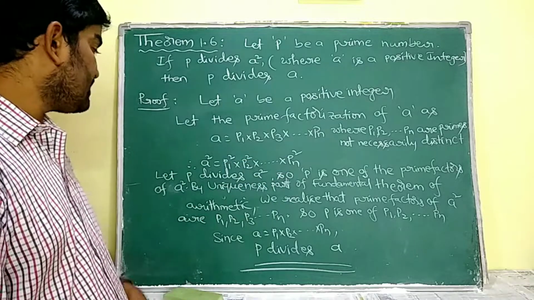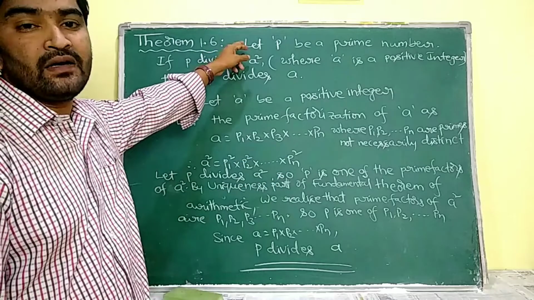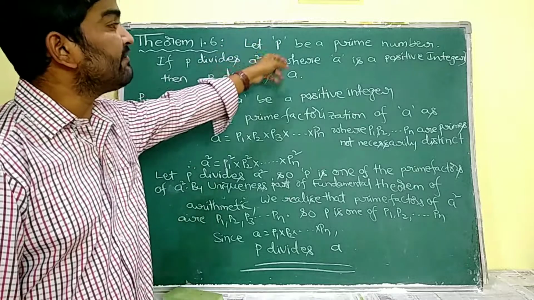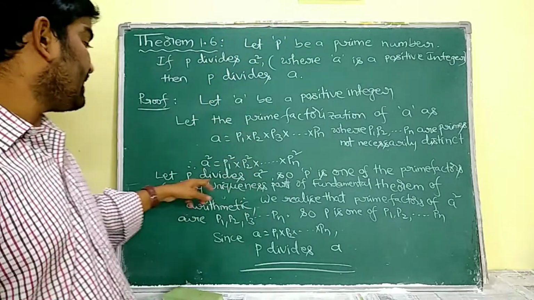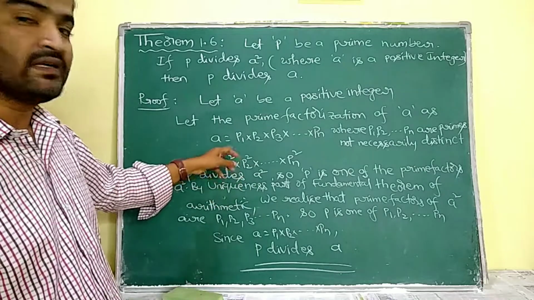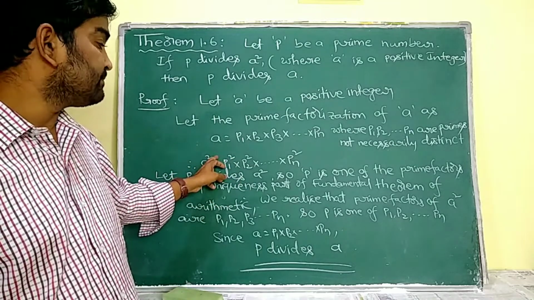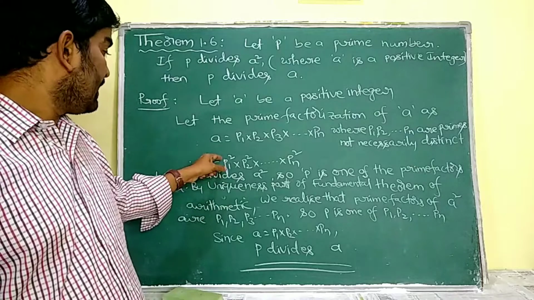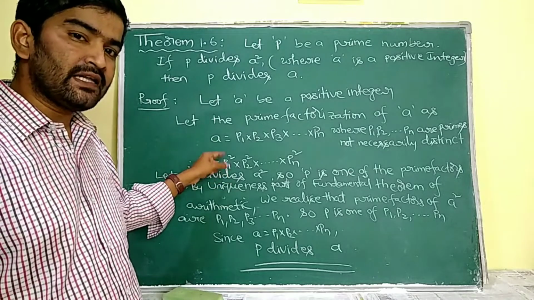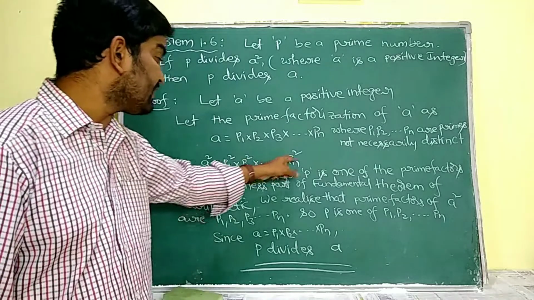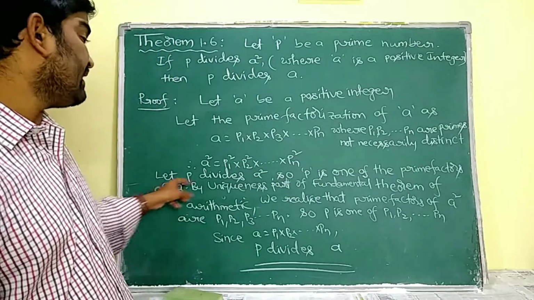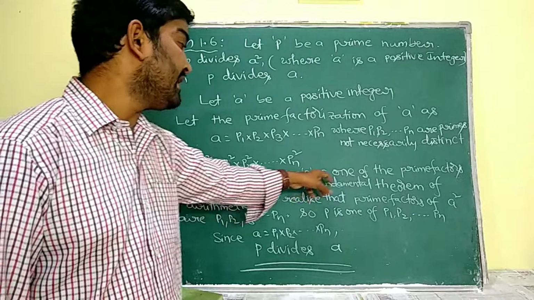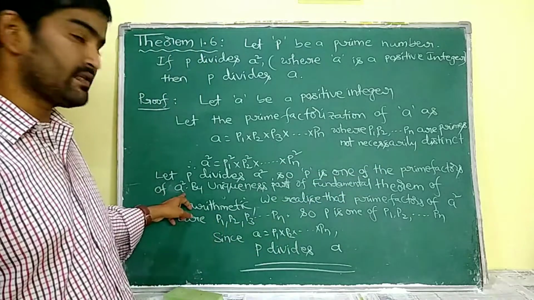Now see, here it is stated that P divides A square, where P is a prime. So let us suppose P divides this A square. Then P must be one of the prime factors of A square.